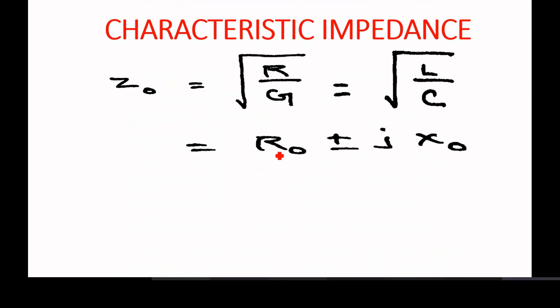Here also the characteristic impedance we can write as R0 plus or minus jX0. Here this is purely real, so there is no imaginary part. The imaginary part is simply 0.